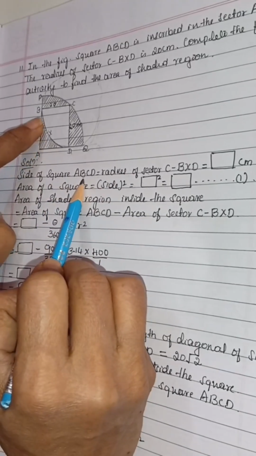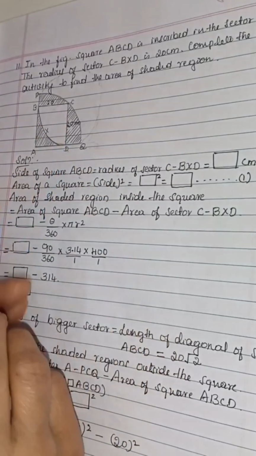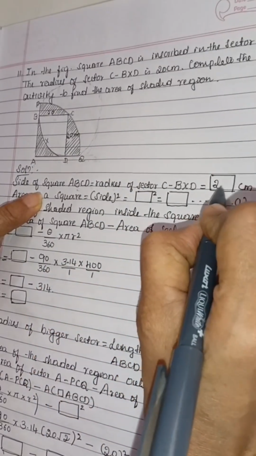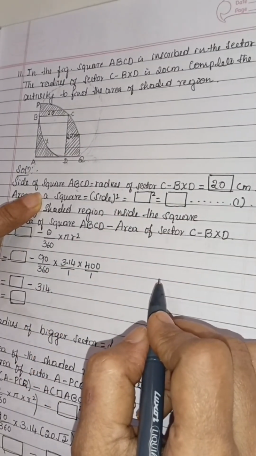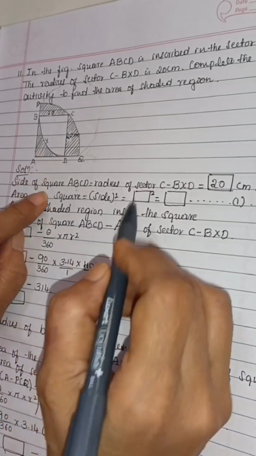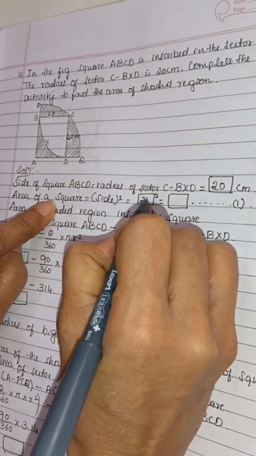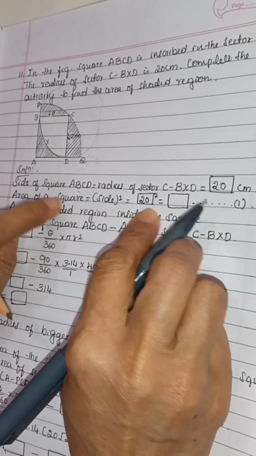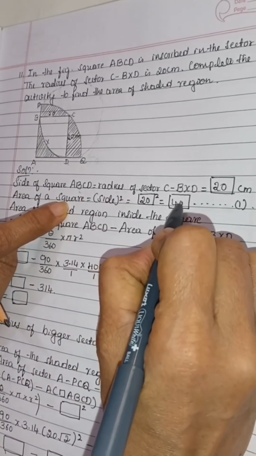Side of a square equals radius of the sector, that is 20 centimeter. Area of a square is side square, that is 20 square, which is 400.